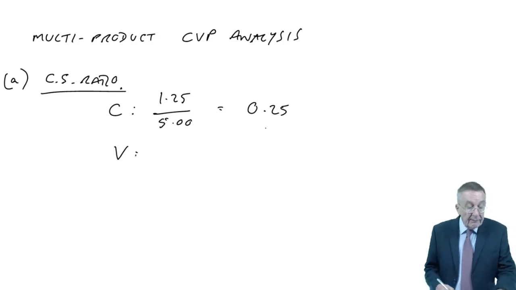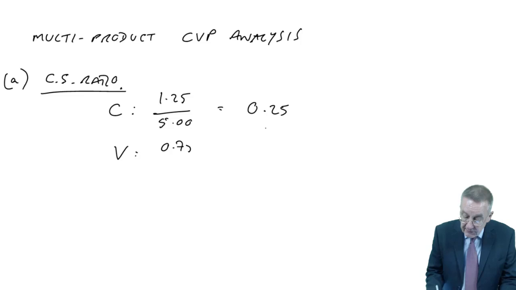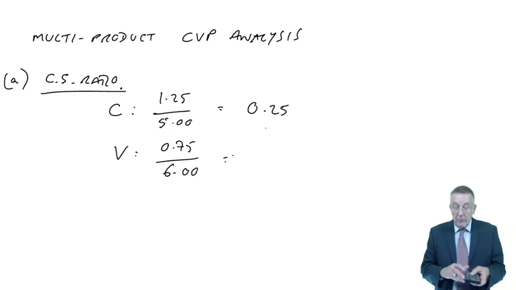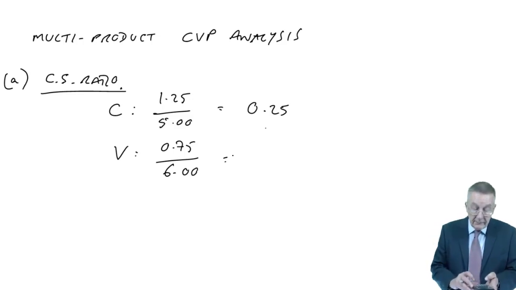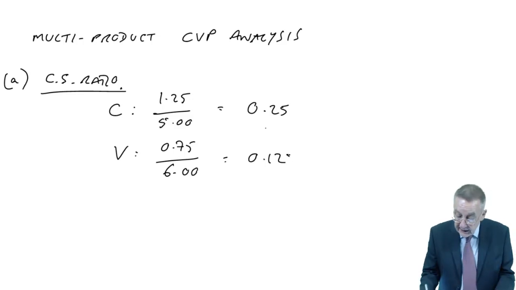Similarly, V: contribution 75 cents, selling price 6, which gives 0.125.